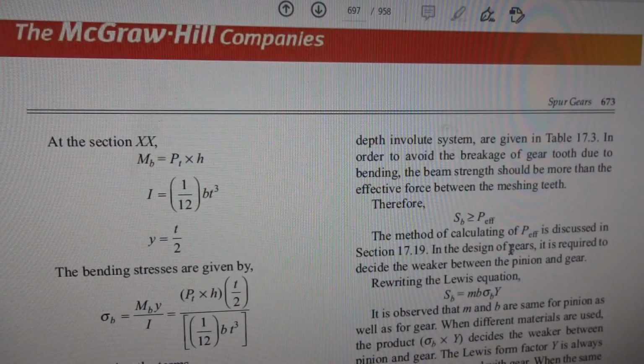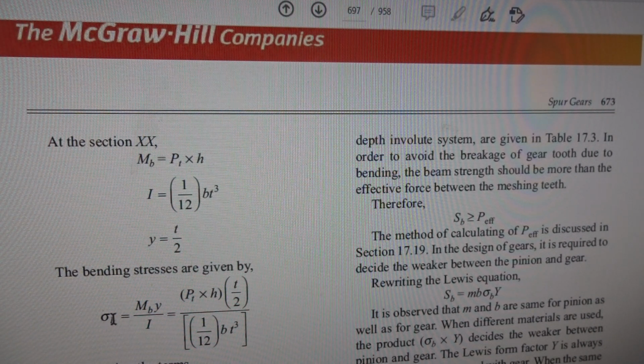So at the section x, the bending moment is PT multiplied by h, and I is equal to, we know the moment of inertia, 1 by 12 b t cube. Here y is equal to t by 2. So apply the bending stress.